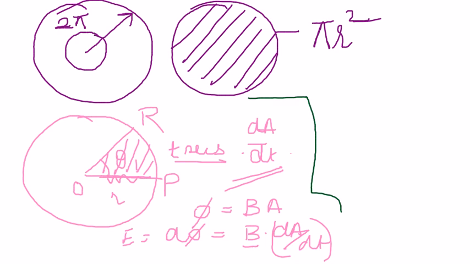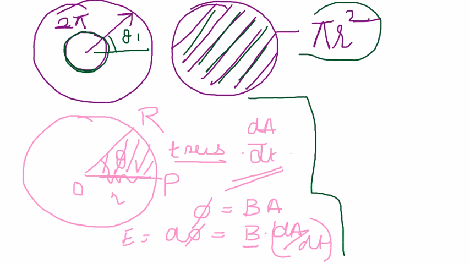So in time t seconds, this rod covers an angle of theta 1. And as I told you, if it had covered a full angle of 2 pi, the area swept by the rod would have been pi r square. In this case, what is the area covered by the rod when it has covered an angle of theta 1? We use the simple unitary method. If the angle covered by the rod was 2 pi, the area swept would have been pi r square.